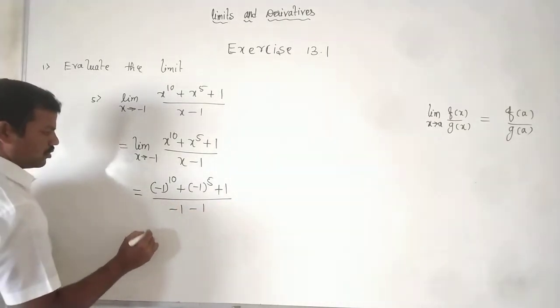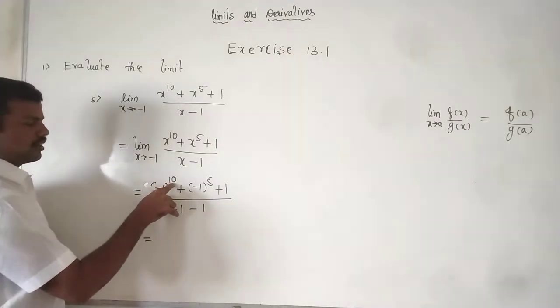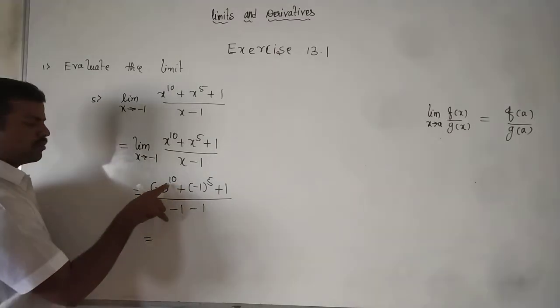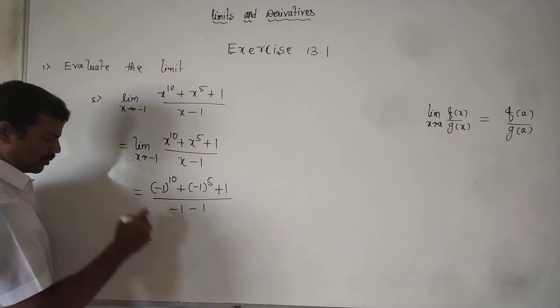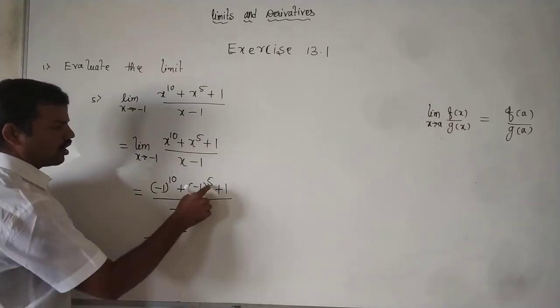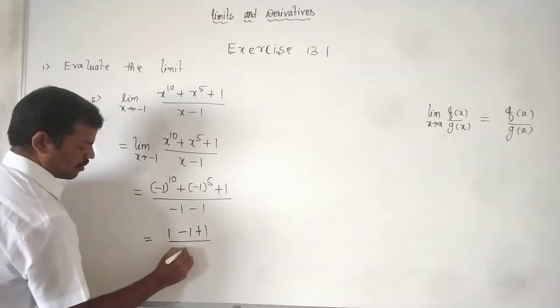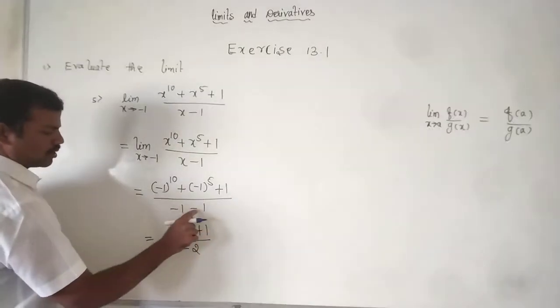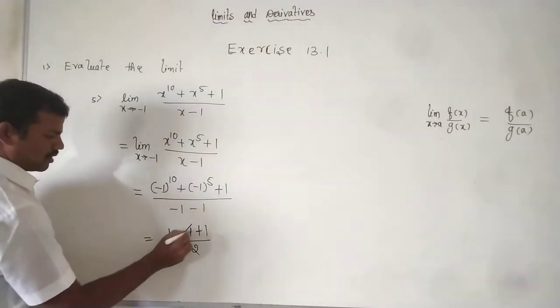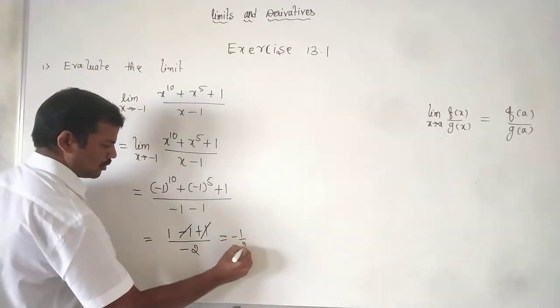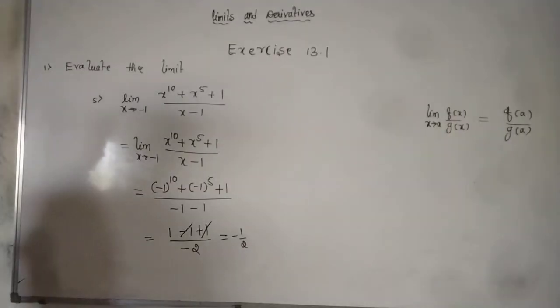So that is minus 1 raised to 10. 10 is even, so a negative number with an even power is positive, that gives 1. 5 is odd, so minus 1, plus 1, divided by minus 2. Minus 1 plus 1 cancel. What remains? Minus 1 by 2. Minus 1 by 2 is what we got.